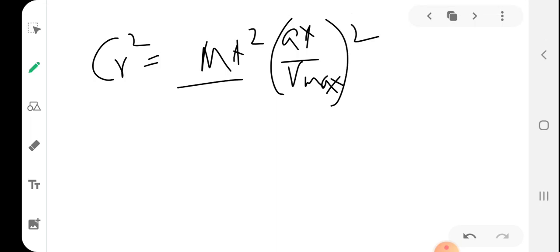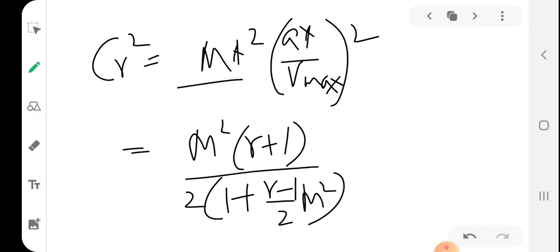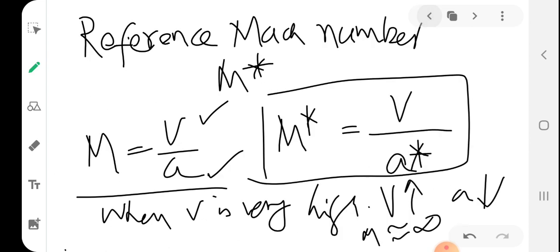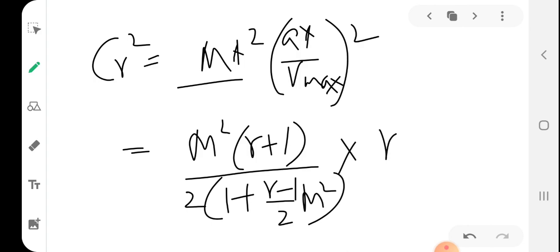M star squared we know: M squared into (gamma plus 1) by 2 into (1 plus (gamma minus 1) by 2 M squared), into a star squared by Vmax squared, which is (gamma minus 1) by (gamma plus 1).